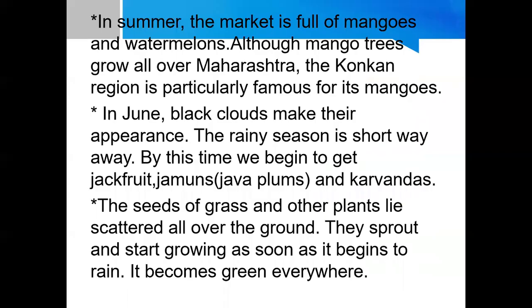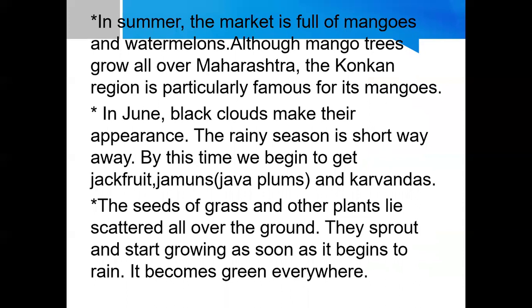Now, what happens in summer? The market is full of mangoes and watermelons. You all love mangoes, no? Although mango trees are grown all over Maharashtra, the Konkan region is particularly famous for its mangoes. In June, black clouds make their appearance again.